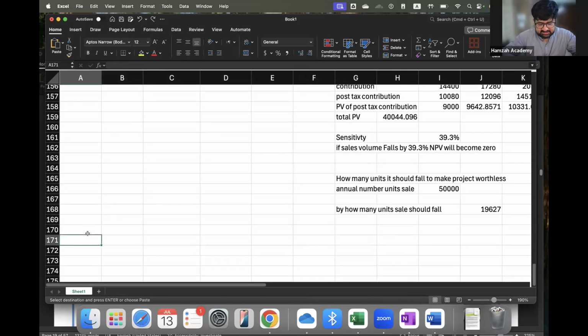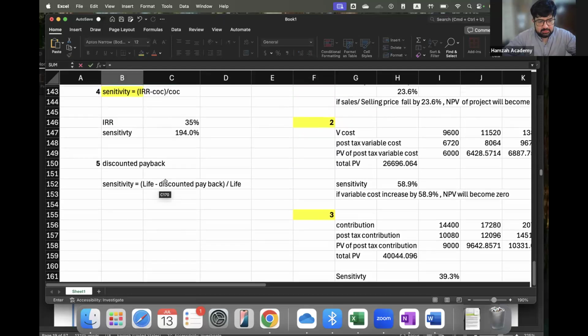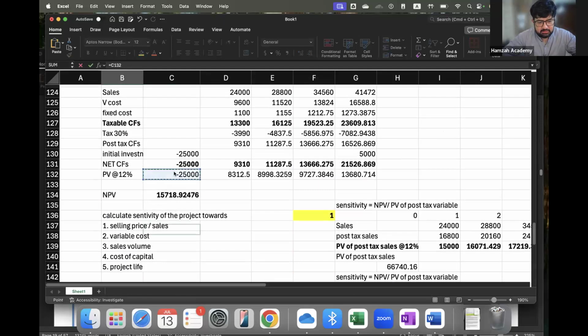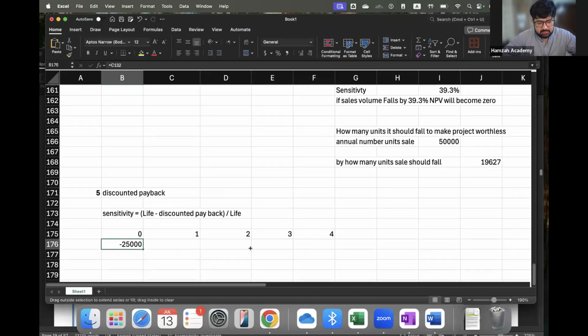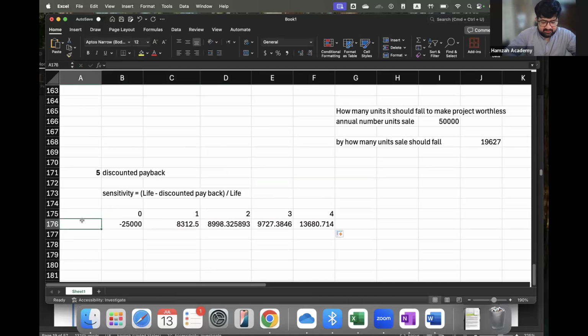So space is less here. Yes, 0, 1, 2, 3, 4. Now, these are the present value of cash flows.